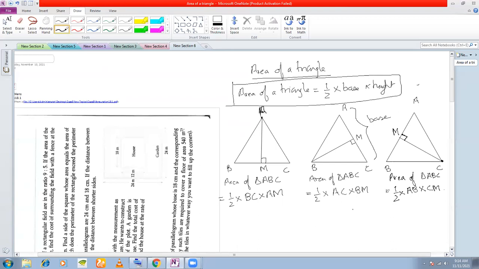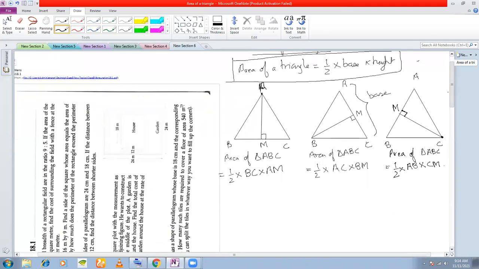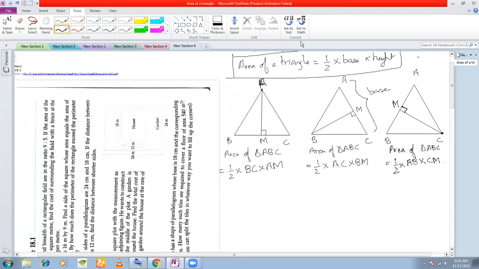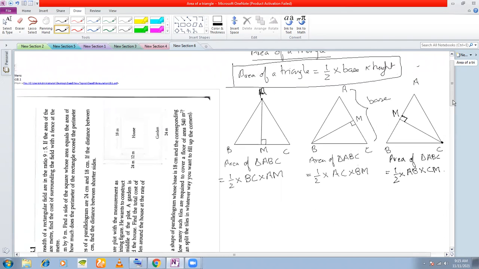Okay. So it depends on which height is given to you, you will consider the opposite side of that height to be the base. Okay. So this is the area of a triangle.